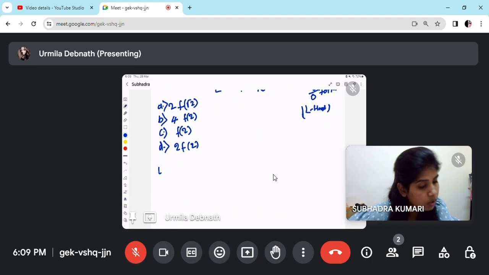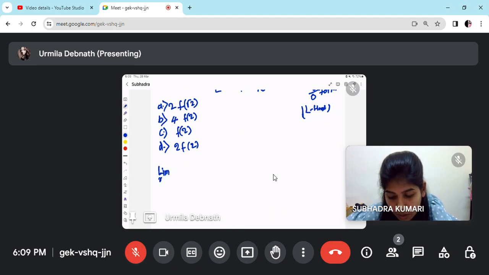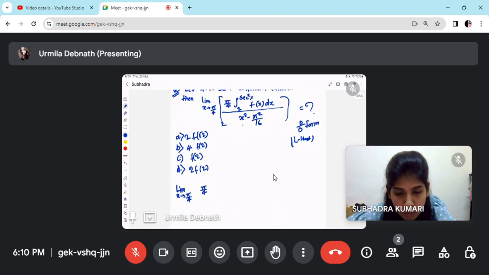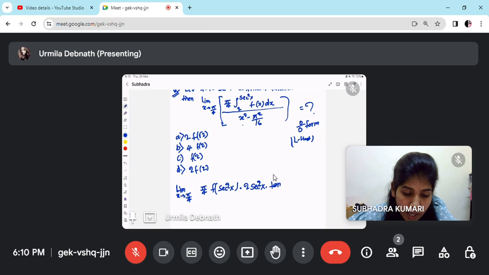First differentiate the numerator: put sec square x in place of t, f of sec square x, and then differentiate sec square x with respect to x, that is sec square x into tan x, minus, put the lower limit f of 2, and differentiate 2. 2 is a constant, differentiating any constant gives 0. So this is 0.